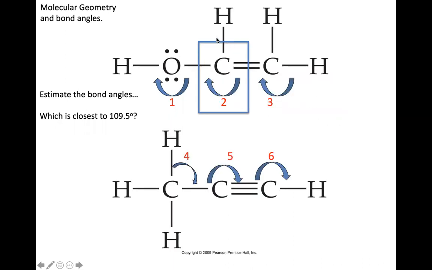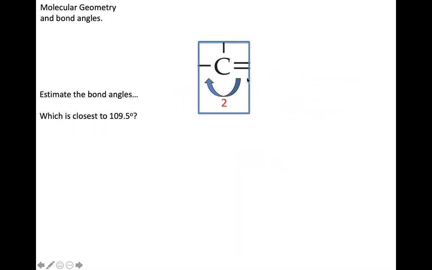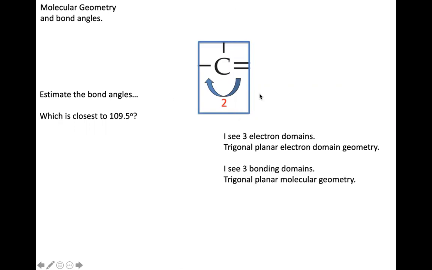If I look at this next one, I would do exactly the same thing. I zoom in on that and don't worry about the broader picture. I see 3 electron domains, which means a trigonal planar electron domain geometry. All of them are bonding, so it's a trigonal planar molecular geometry.